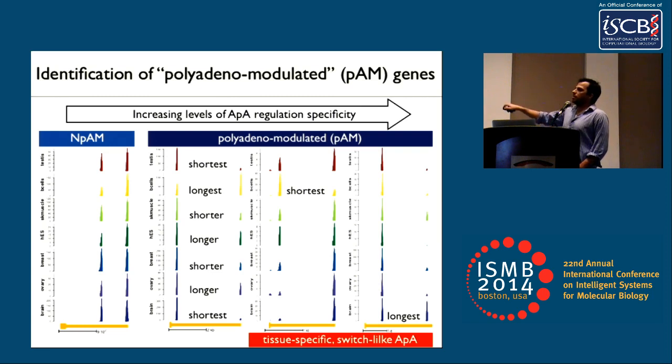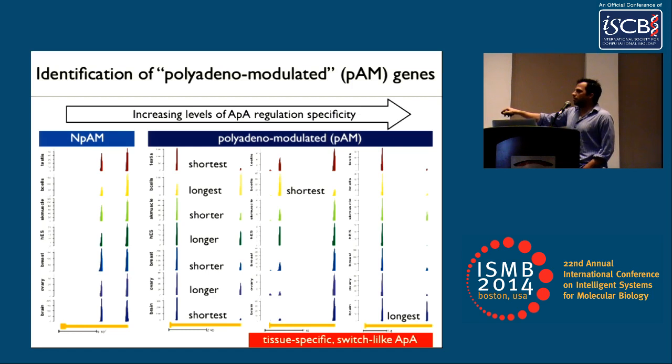So these type of genes are further stratified, and I'm mentioning this now because later I want to make a strong observation about these, right? So the genes that are like this, they're short in a number of cell lines, they're long in another number of cell lines. So here maybe half of them are short, half are long.